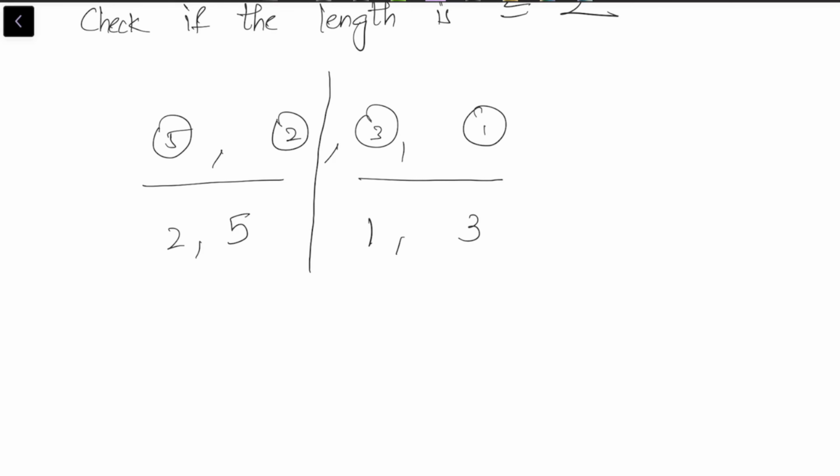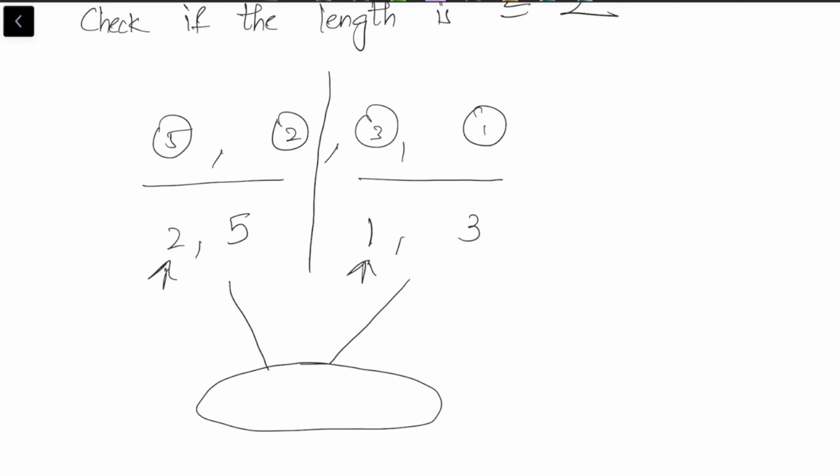And now it will merge. How will it merge? It'll take a pointer on each and check: 1 is less or 2 is less? 1 is less, so the pointer goes to 3.